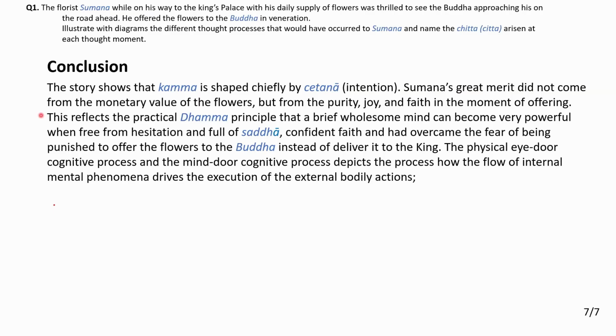This reflects the practical Dhamma principle that a brief, wholesome mind can become very powerful when free from hesitation and full of saddha, confident faith, having overcome the fear of being punished to offer flowers to the Buddha instead of delivering them to the king. The physical eye door cognitive process and the mind door cognitive process depict how the flow of internal mental phenomena drives the execution of the external bodily action.